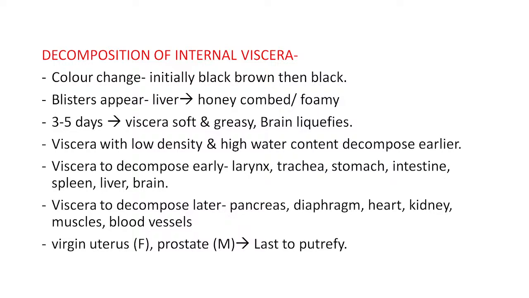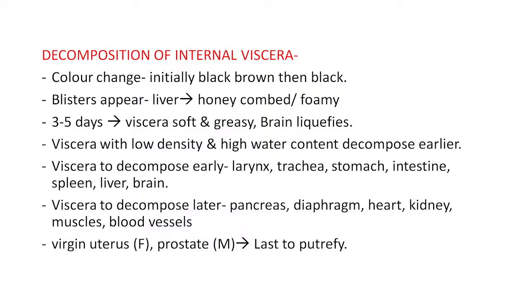The flies will lay eggs on the damp surfaces of the body, the folds, the injuries, right? Where there is some warmth, there they will lay their eggs, after how many days? After say 24 to 48 hours, 24 to 36 hours, and after that they will continue their cycle, which will be around 10 to 12 days.